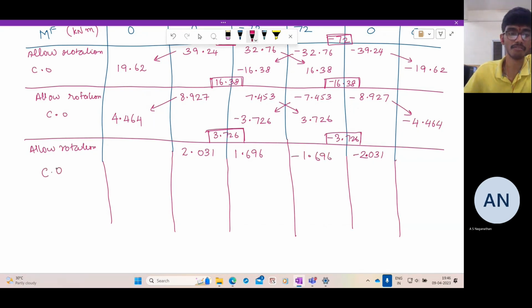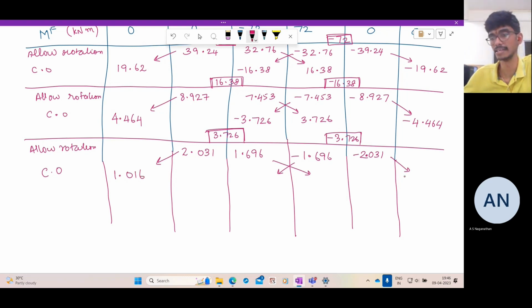Now carry over the rest. So from here to here, here to here, here to here, here to here. So half of this is 1.016. Here it is minus 1.016. Half of this is minus 0.848. Here it is plus 0.848.